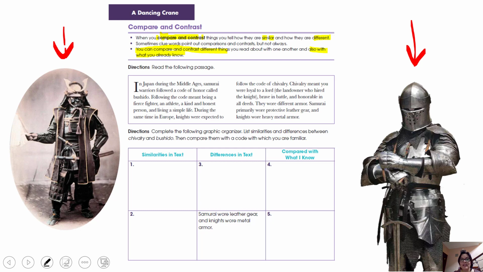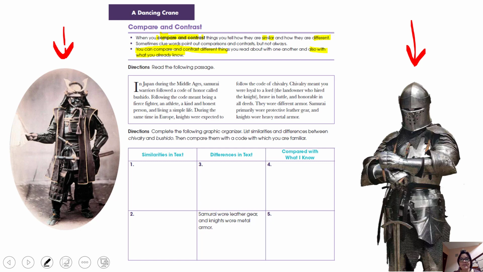Those are the similarities. And now tell me, what about the uniforms? Did they have the same uniforms or not? Well, both of them had to use uniforms, but the uniforms were different.